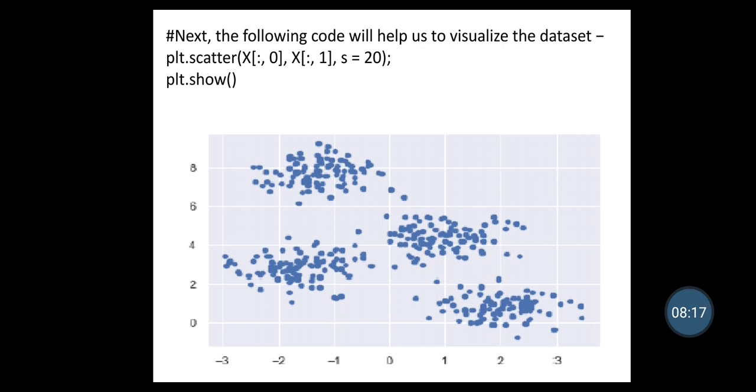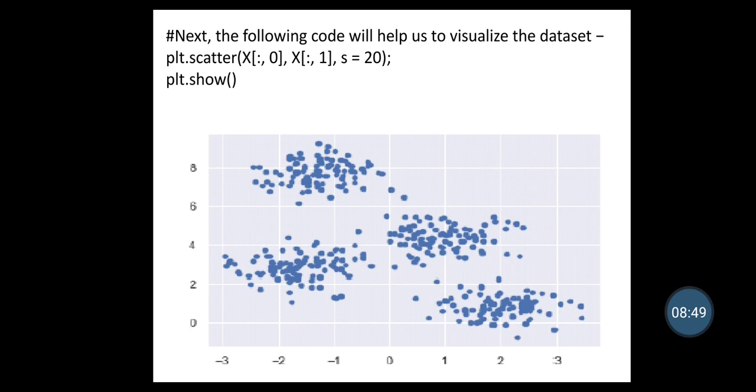After execution, I define a comment here that is used to visualize the data. So I call plt of matplotlib and then the scatter method, and put in the arguments such as the x column and the y column, and also use s equal to 20 as an argument. Then plt.show is used to create the diagram.